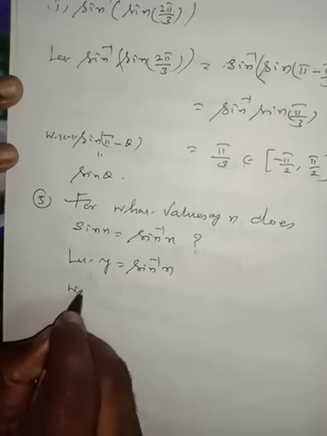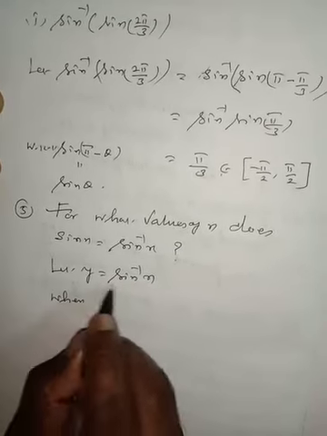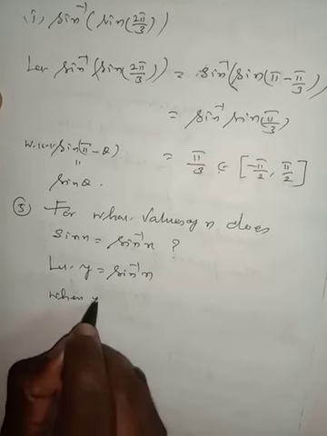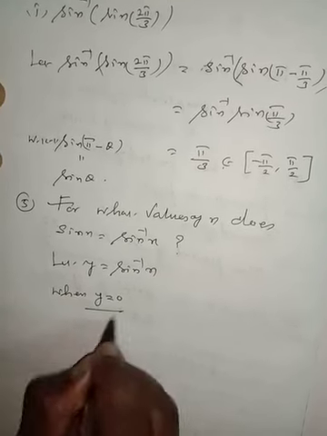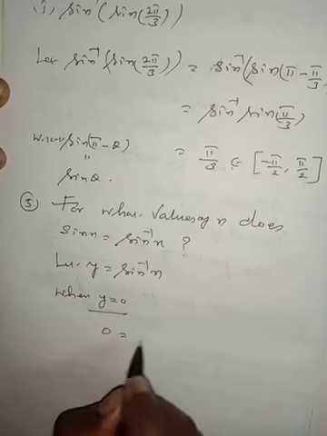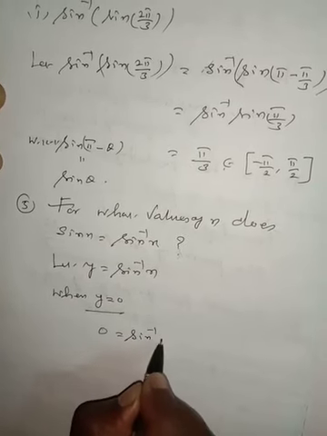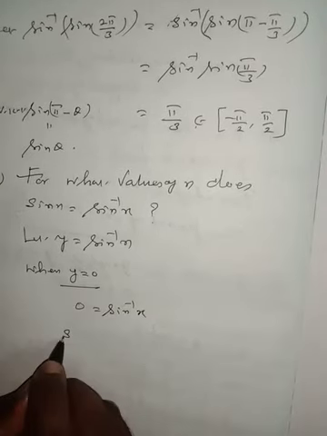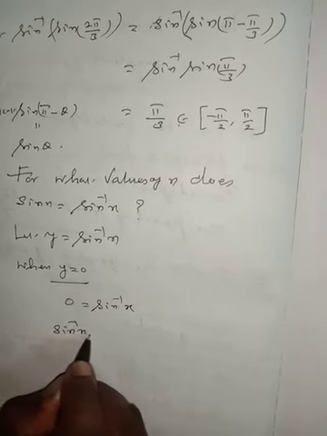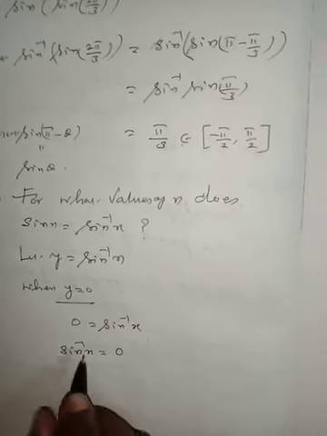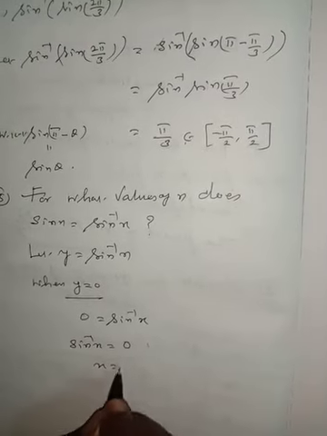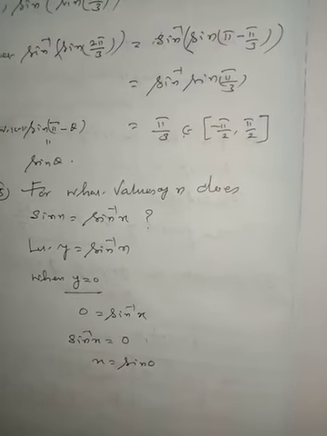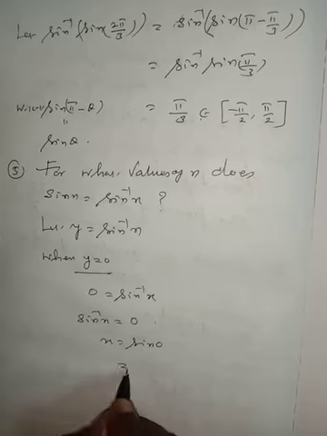When y is equal to 0, what will happen? 0 is equal to sine inverse of x. Now sine inverse of x is equal to 0, so x is equal to sine 0. Sine 0 is 0.